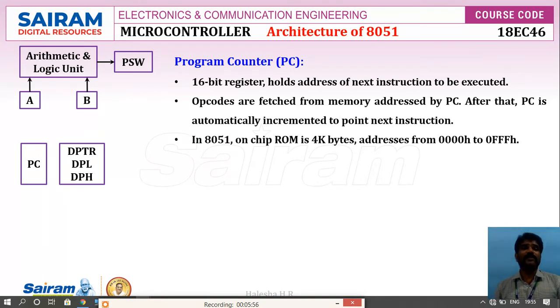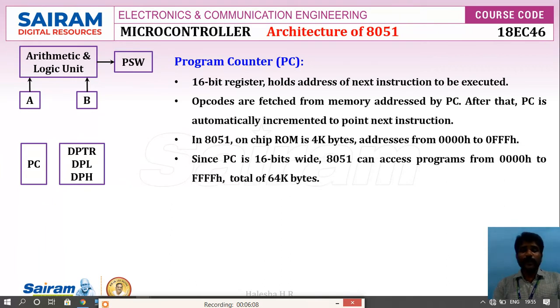And in 8051, we have 4 kilobytes of internal RAM, and the address range is 00H to 0FFH. But since the program counter is 16-bit, it can address from 0000H to FFFFH. So my total memory size can be 64 kilobytes.